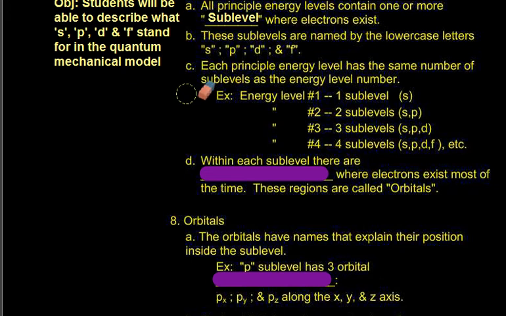Now, within each sublevel, there are regions of space where electrons exist most of the time. These regions are called orbitals. These are the regions of probability space where electrons with a certain amount of energy usually exist.